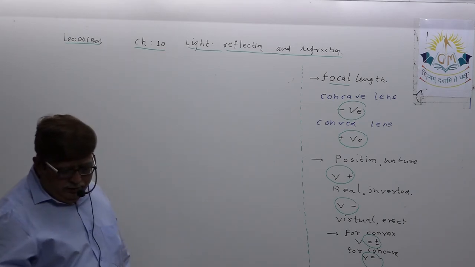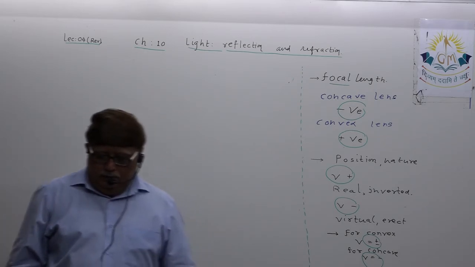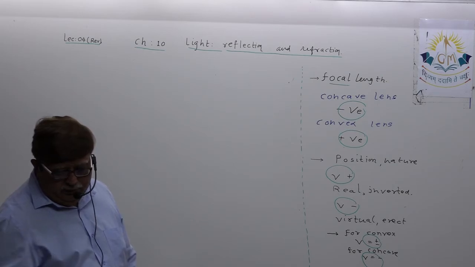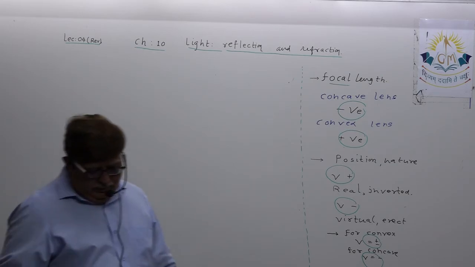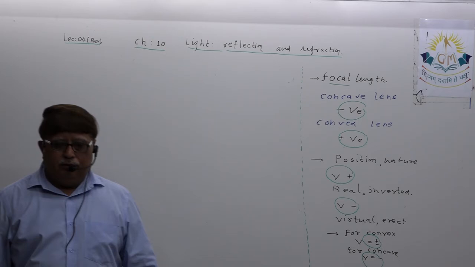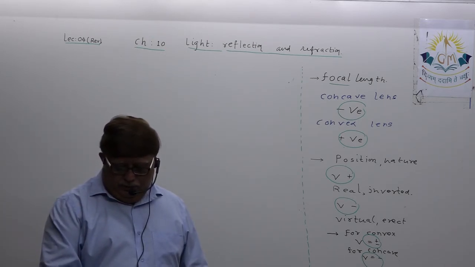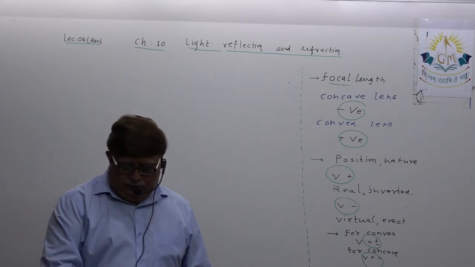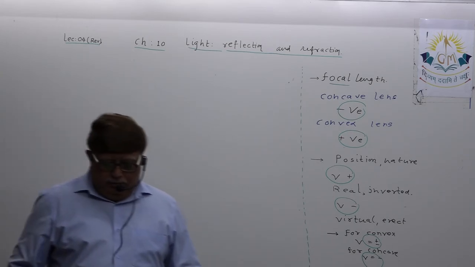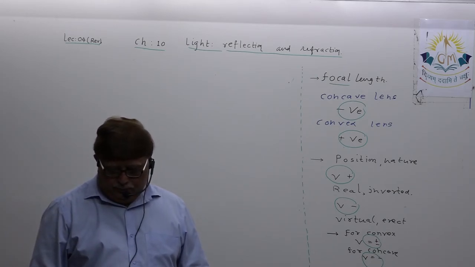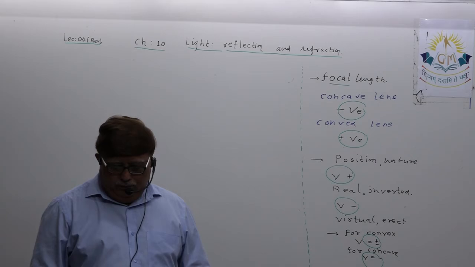Now you just read example number 17 from your PDF. See what is written there. A 2 centimeter tall object is placed perpendicular to the principal axis of a convex lens of focal length 10 centimeter. The distance of the object from the lens is 15 centimeter.